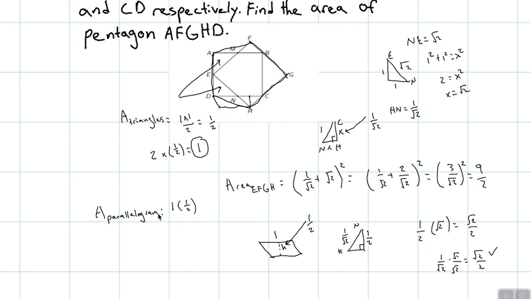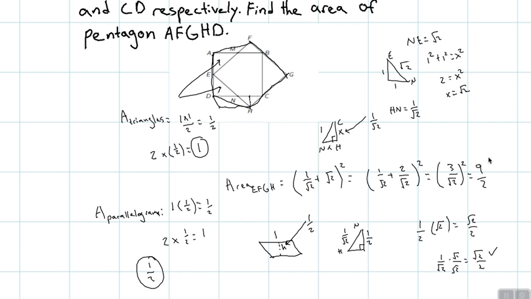So the area of both parallelograms is 2 times 1/2, which is 1. But since this is the diagonal, we only want half the area of the parallelogram. So 1 is the area of the two parallelograms, and we want half of that. So the area of the half parallelogram is simply 1/2.